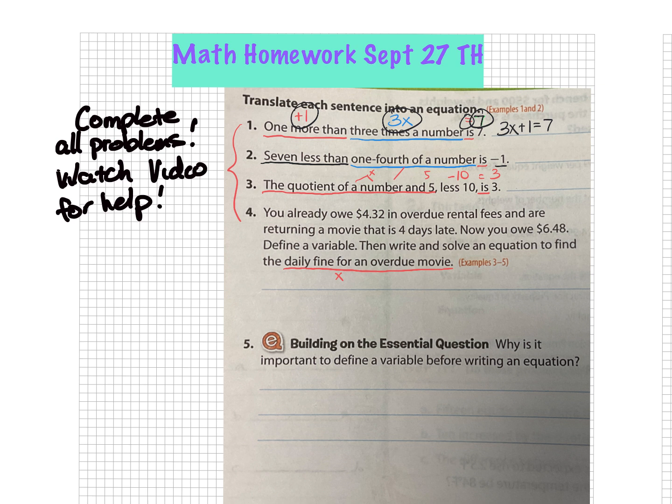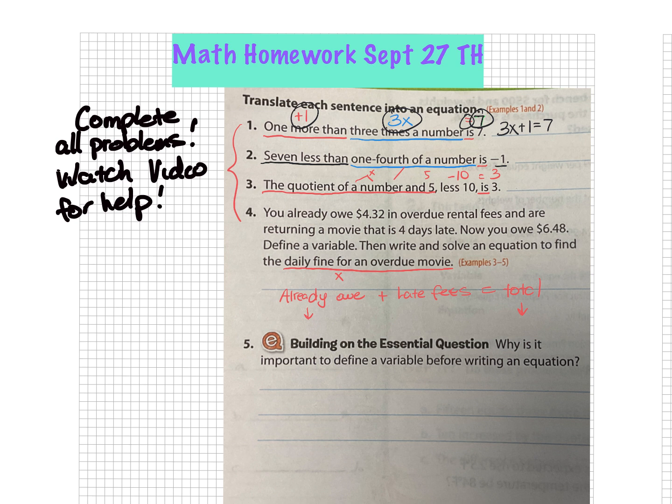You already owe what you already owe, plus your late fees, equals the total. So hopefully you already know what you already owe. It's in the problem. You should know your total, what you now owe.